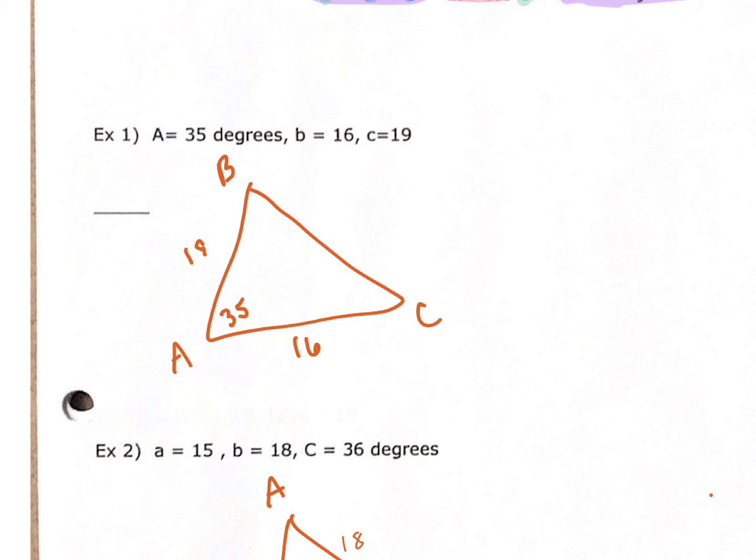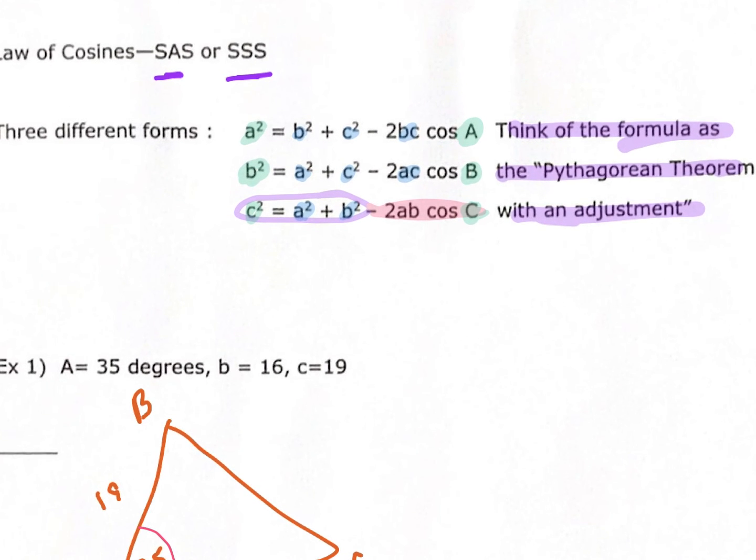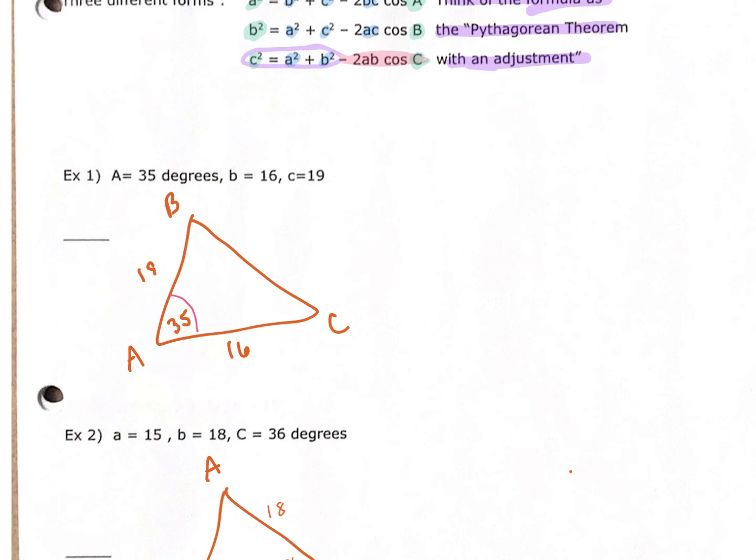So because we are given angle A, we're going to use that top form of the formula. So it says a squared equals b squared plus c squared minus 2bc times the cosine of angle A.